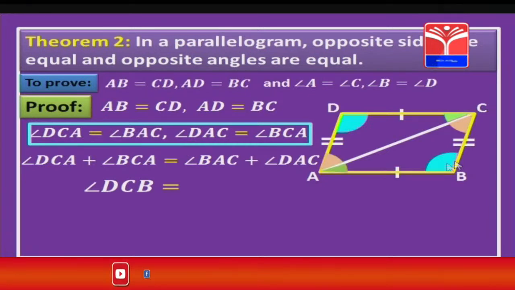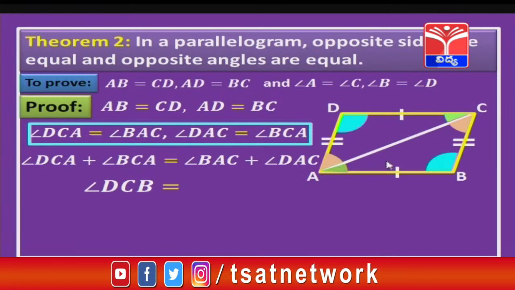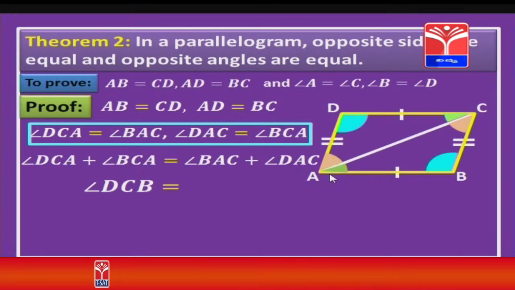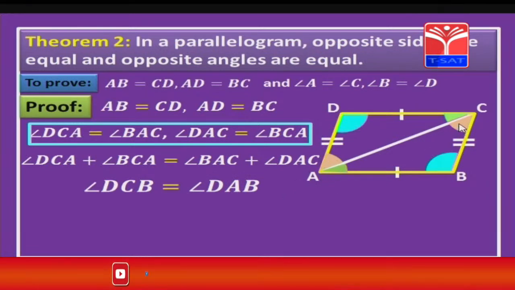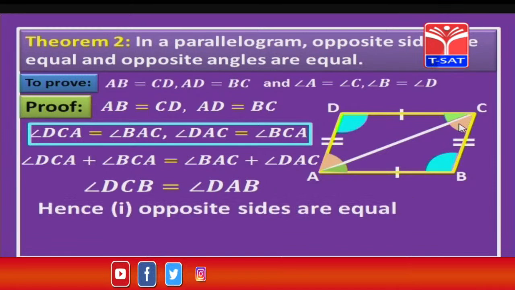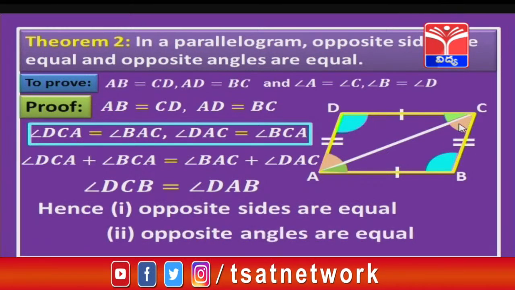Then we are adding, so BAC this part, green part, and DAC, DAC is again this part. So, sum of these two angles is what? This one, A. I can write that as angle DAB. So, now we have proved angle A and angle C are also equal. So, hence I can say opposite sides are equal and opposite angles are also equal.